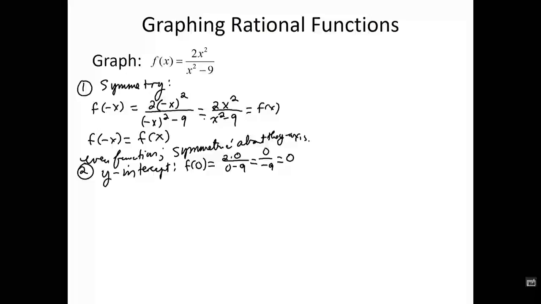So the y-intercept is the point 0, 0. Now, x-intercepts. Let's see if there are x-intercepts. To find the x-intercept, we want the numerator, 2x squared, equal to 0. So we get x squared is equal to 0, so x is equal to 0. So we have an x-intercept at 0, 0.